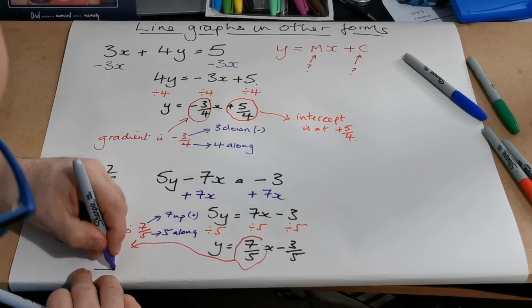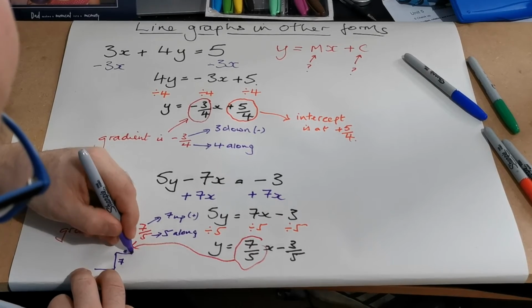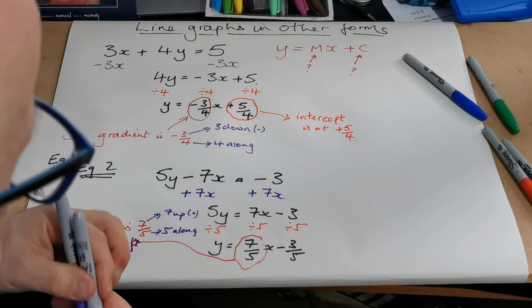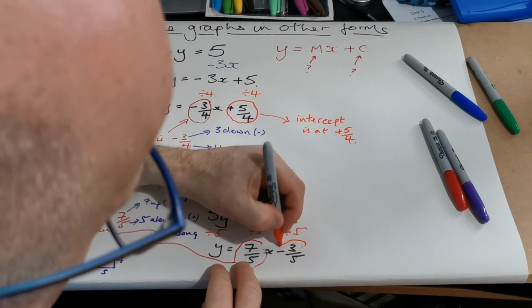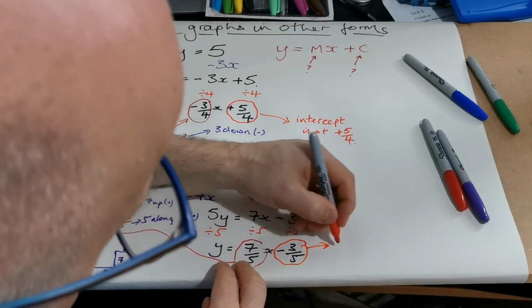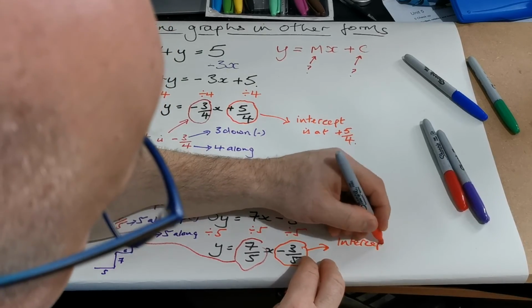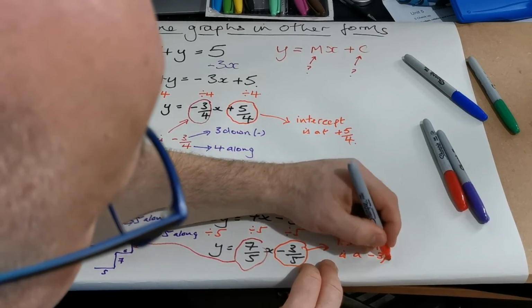So you can imagine that's going 5 and 7, 5 and then 7, and it's got this y-intercept which is at -3/5.